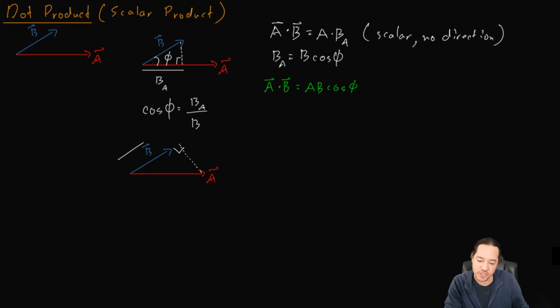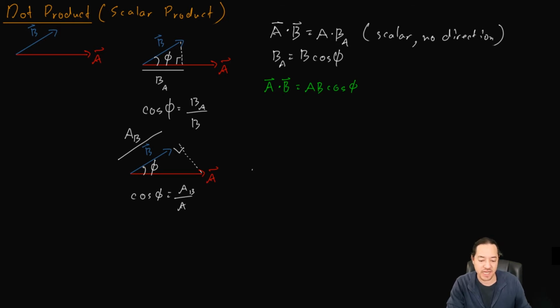What we see here is we create this length here, and this length is going to be A sub B, the component of A that is parallel with B, and we still have the same angle phi here. In this case, we now have A sub B as the adjacent side to this angle, and vector A is the hypotenuse. So in this case, cosine of phi is equal to adjacent over hypotenuse.